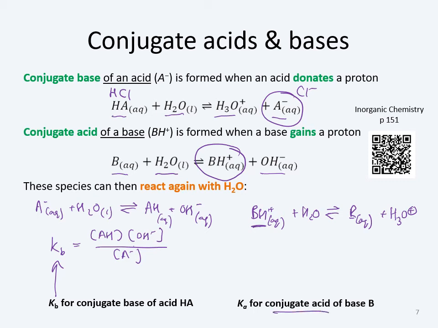Again, you can write out the equilibrium constant, and it's Ka because it's behaving as an acid: the concentration of B, concentration of H3O plus, over the concentration of BH plus. And again, we don't have the H2O in these equations for the same reasons we said before. The activity or concentration of those is regarded as equal to 1. Okay. So this is the Ka, and these will become important in a second.